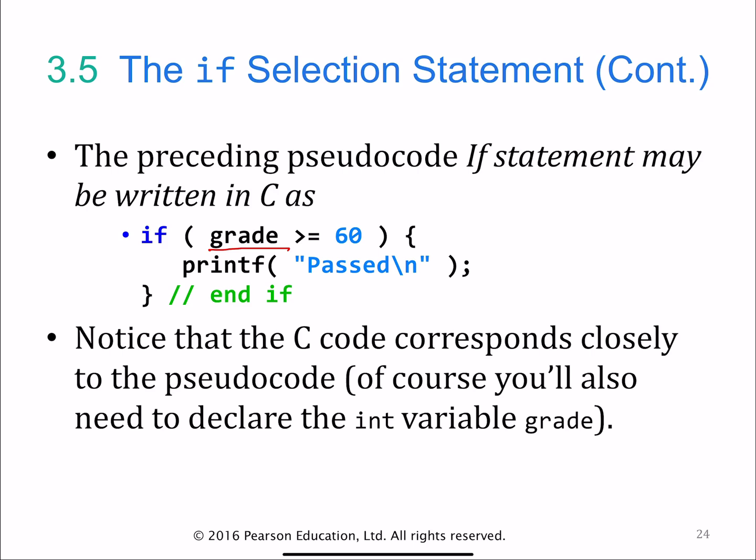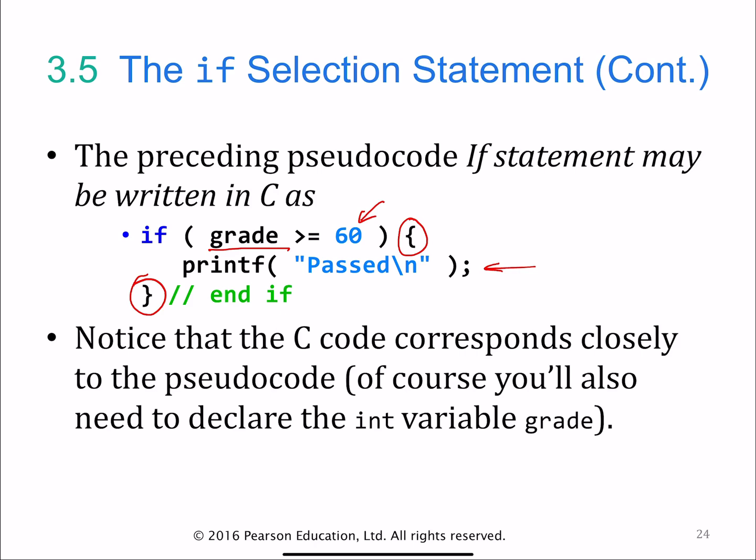And as you can see, in addition to just two lines of code, the lines of code whose execution is conditional on the value of the condition being evaluated in the if selection statement can be one, can be many.